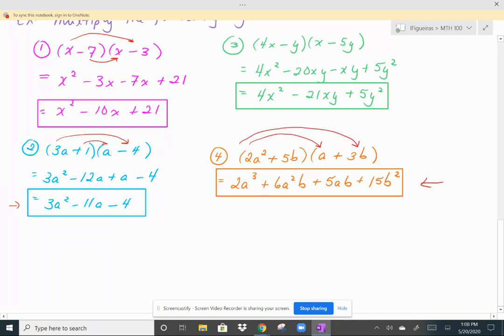So that gives me 6a squared b. Then I have my inner. Well, these are the two that are closest to each other. 5b and a, that's 5ab. And last will be the ones at the end. 5b and 3b gives me 15b squared. So in this case, the outer and inner terms, or the middle terms, are not alike. So therefore, you cannot simplify it any further or combine any further. So your answer is the answer right here in this box.